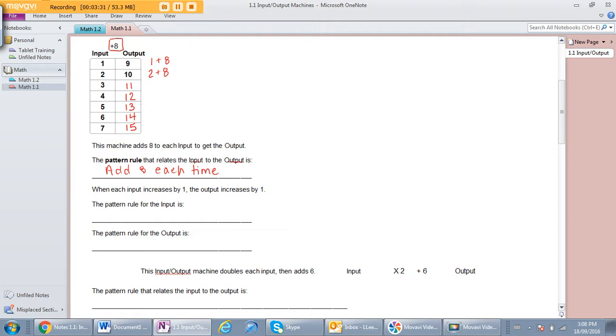The pattern rule for the input in this case, if I take a look at these numbers here, would be that I start at 1 and then I am adding 1 each time.